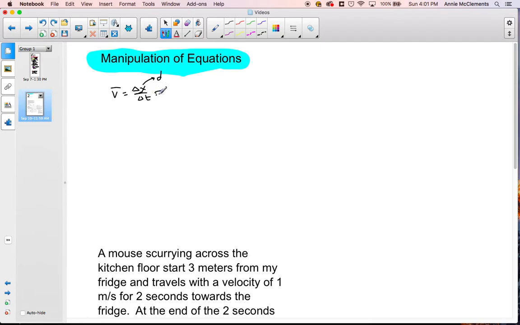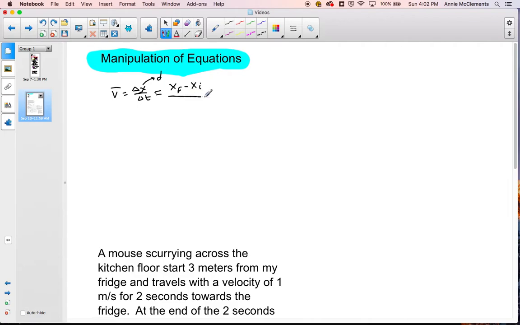We talked a little bit in the previous class about how to solve for displacement, right? Change in position is also equal to the final position, x sub f, minus the initial position, x sub i, and that's basically saying that you're subtracting your starting location from your ending location, right?